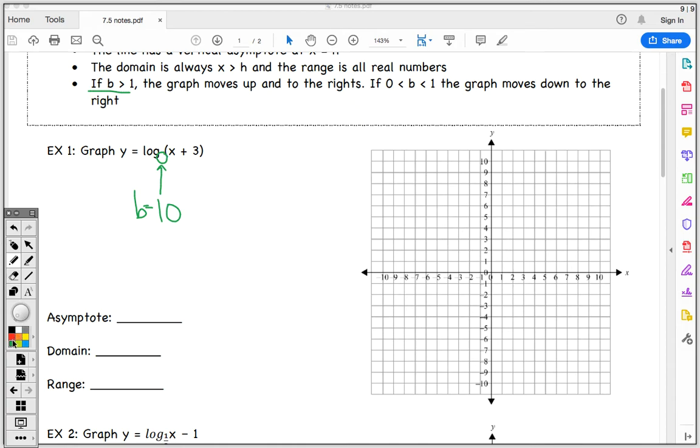Then we look at, remember, this is the opposite of this. What's the opposite of positive 3? It is negative 3. So our h is actually negative 3. Now that is our asymptote. So x is at negative 3.